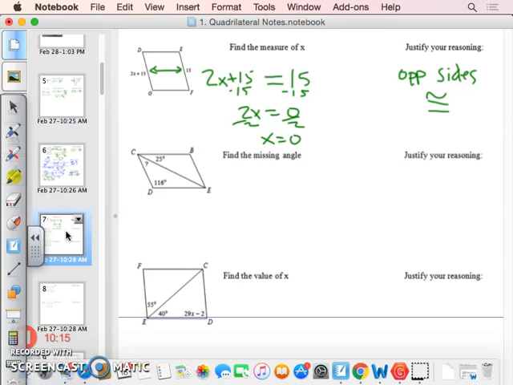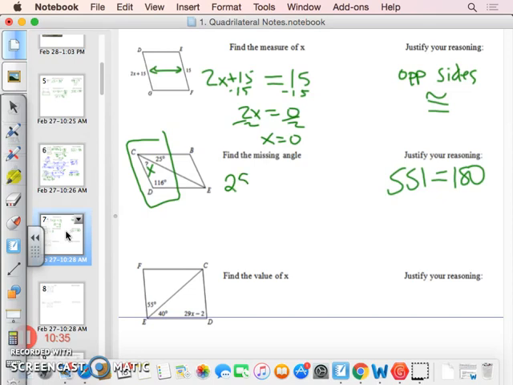Next problem, I'm looking for a missing angle. It's right there. I'm going to look at the relationship between what is given, and I can draw a box around that so I know that same side interior equals 180 degrees. So I'm going to call this x for the moment.